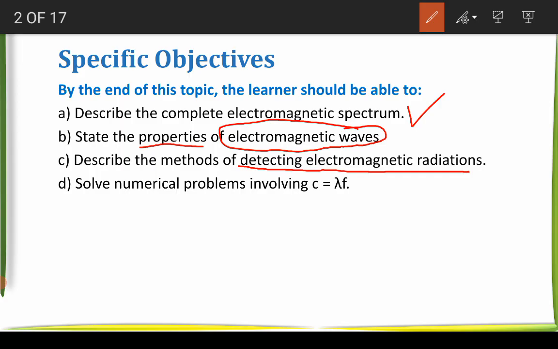The wave equation. From your Form 3 physics, when you were looking at mechanical waves such as sound, waves in a spring, water waves, and other waves, you met the wave equation given by v equals f multiplied by lambda.